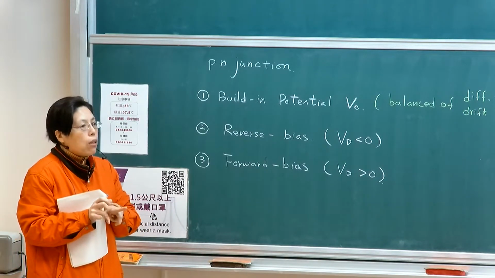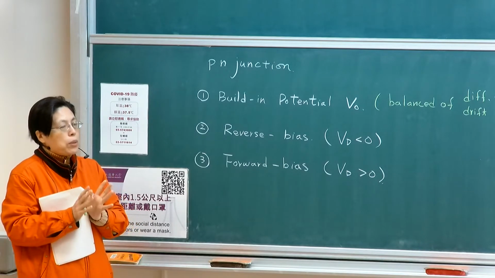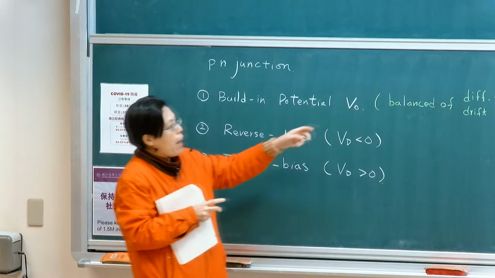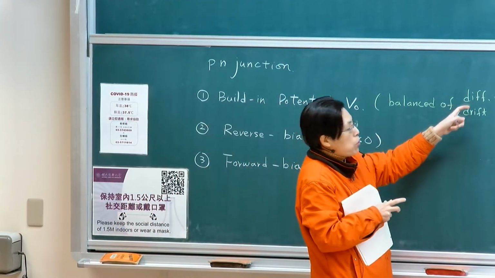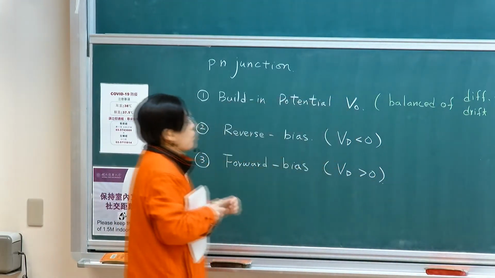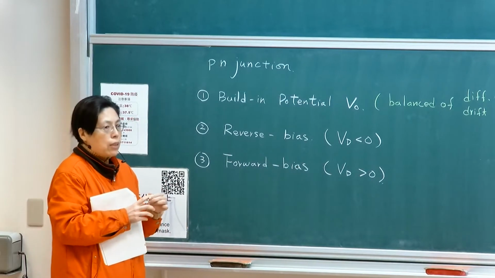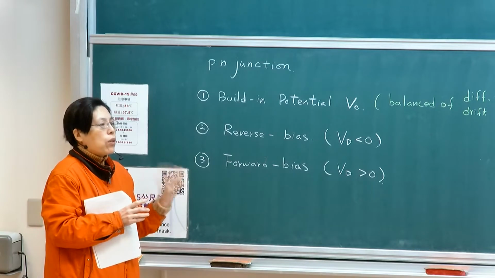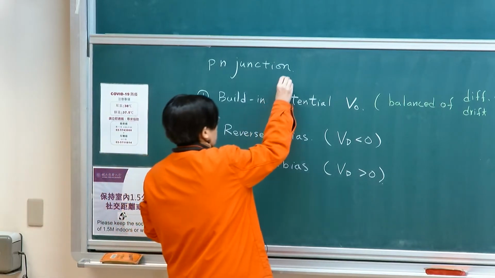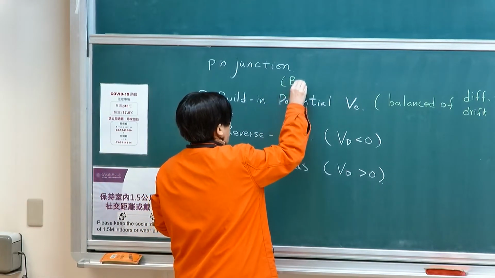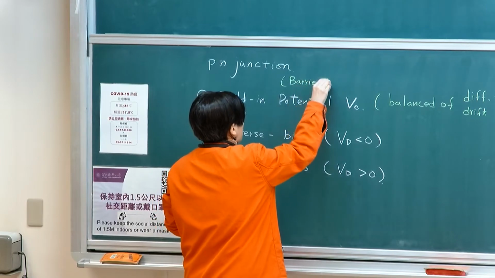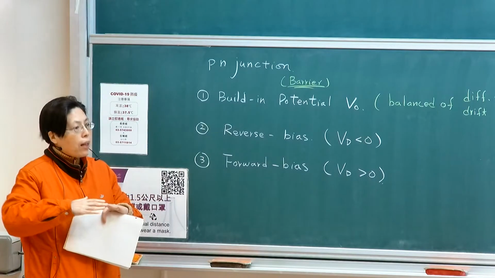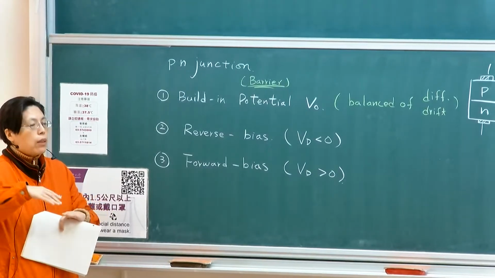At this particular location, it creates a particular region, which is called the p-n junction, and leads to the balance between diffusion and drift forces. So we're going to talk about how big the barrier is. This is called the built-in potential, or you can view it as a barrier potential. Barrier means a blockage of the flow of current.